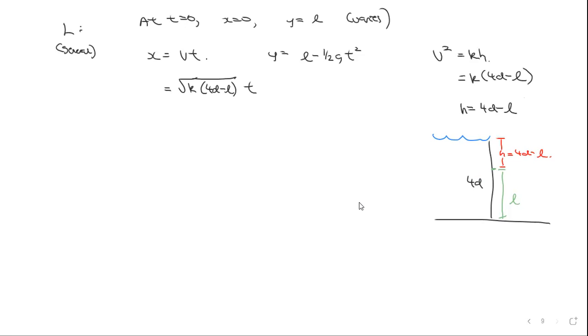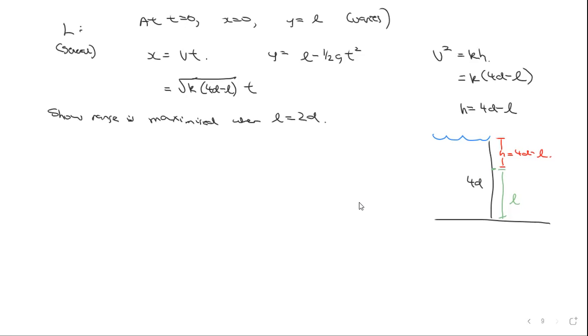So we want to find the range. We want to maximize the range and show that range is maximized when L equals 2D.